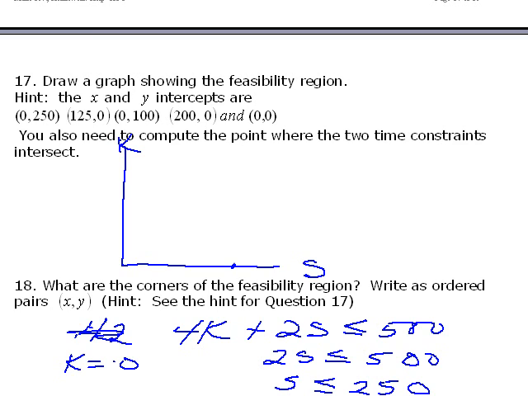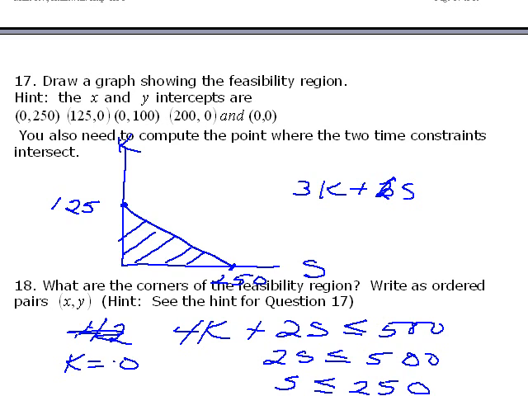So here's 250. Then you go back and you set s equal to 0. So when s is 0, you have 4k equals 500, k is 125. So I have another number here of 125 for the k-axis intercept, and I connect those 2 points. Now, anytime I stay less than this line, I'm going to satisfy Jack's time. Then go back to the other equation, which was 3k plus 6s less than or equal to 600.